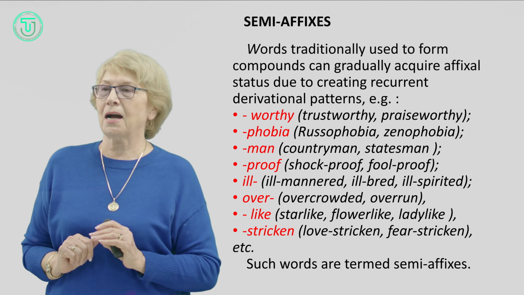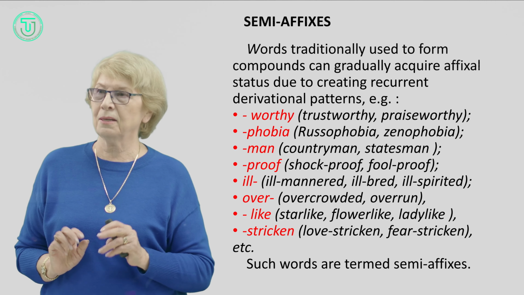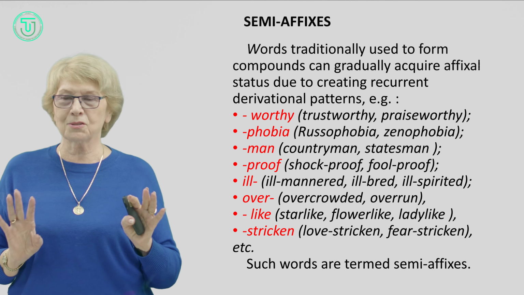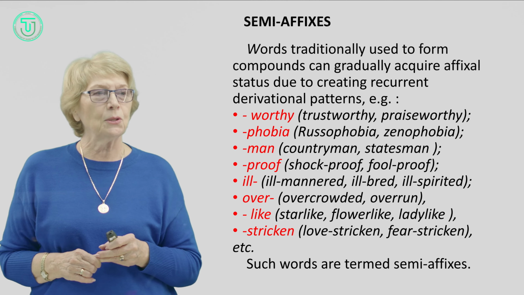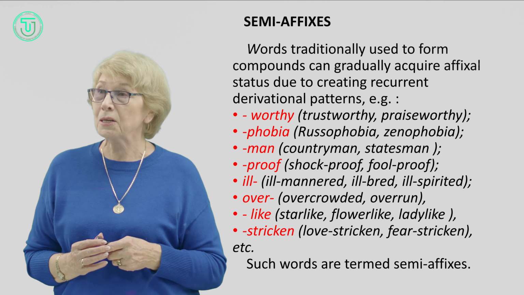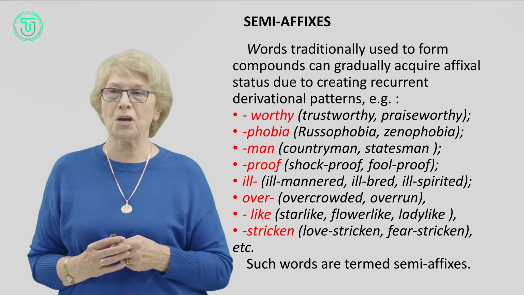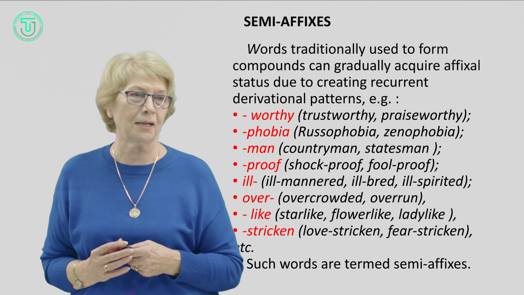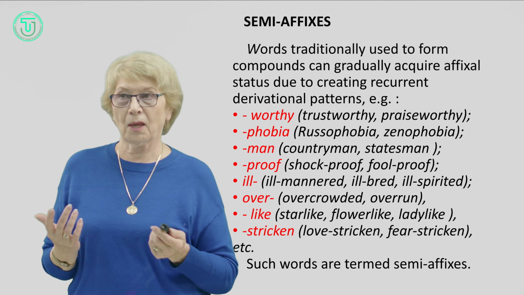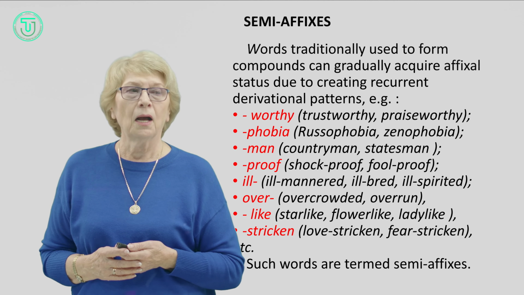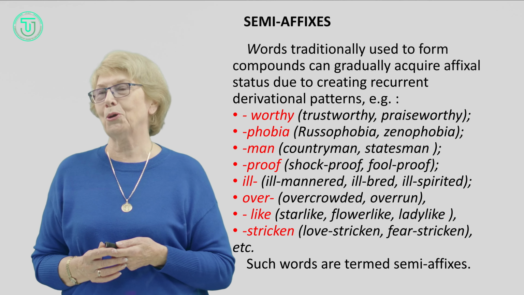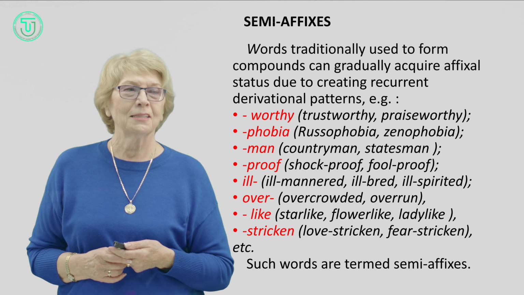But at the same time, they can be used independently as separate independent words. There's nothing wrong about it. These are the most frequently used examples which I suggest you learn by heart, of course. Worthy, which is made from the adjective worth, is slowly and gradually turning into an affix.